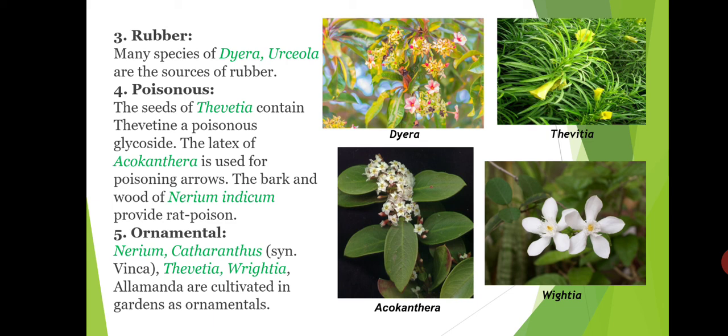Then sagittate anthers, that is the cone shaped anthers. Then bicarpellary, apocarpous and syncarpous pistil, dumbbell shaped stigma or hourglass stigma. Okay, fruit is follicle, normally follicle, and berries are also there.